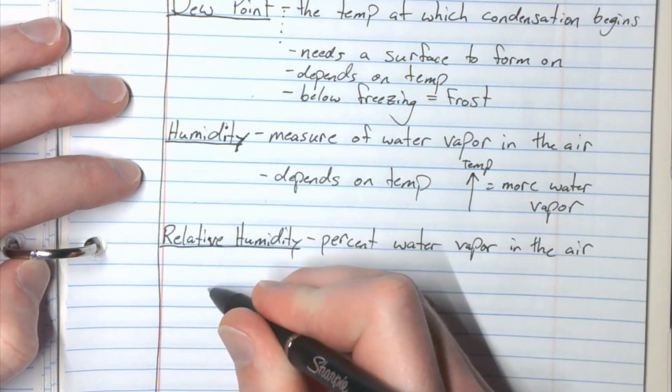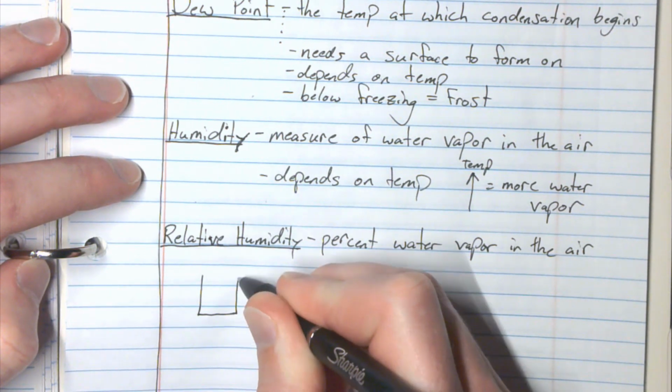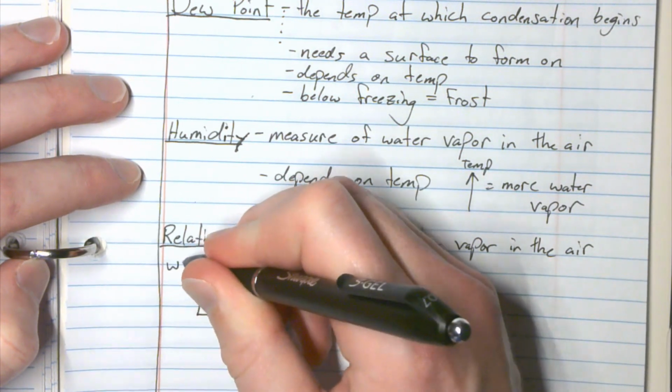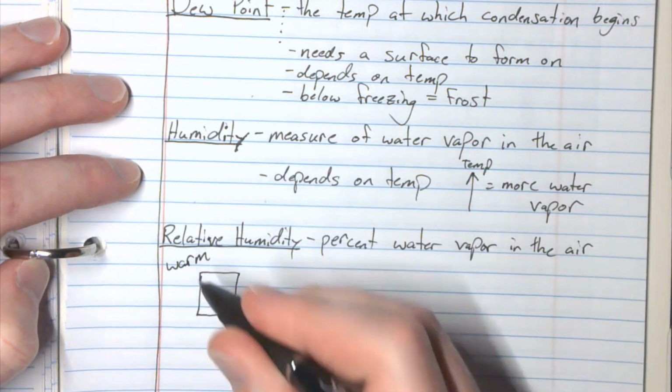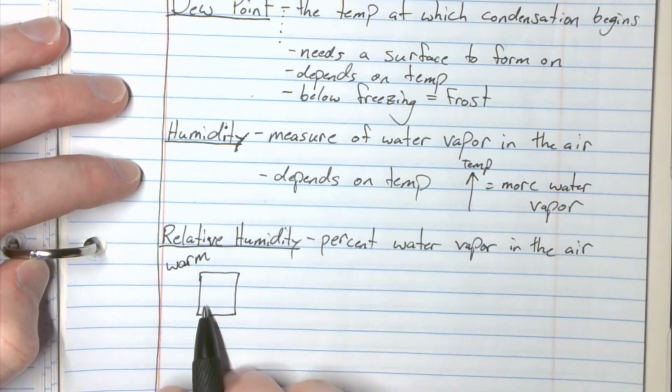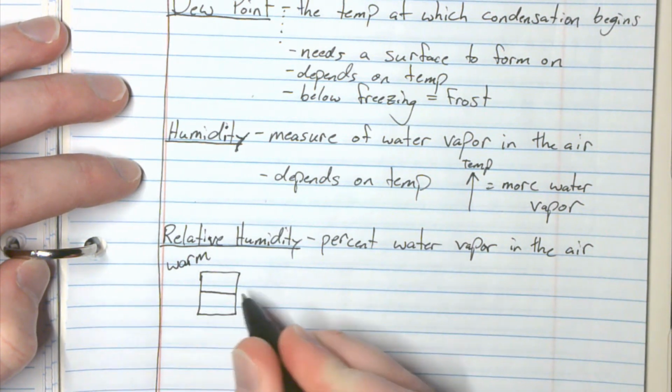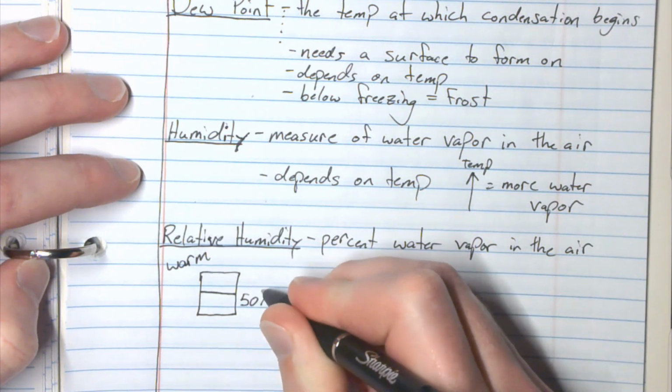So that percentage is even more, I guess, dependent on this temperature, because it tells us more about it. So we're going to pretend like we have a box. Okay, let's say it's warm outside. And let's say that we have 50% humidity.